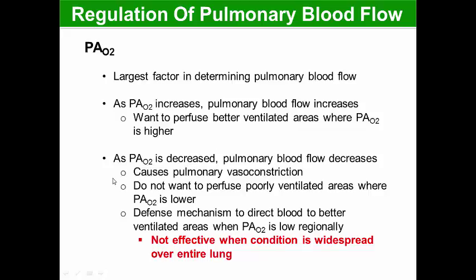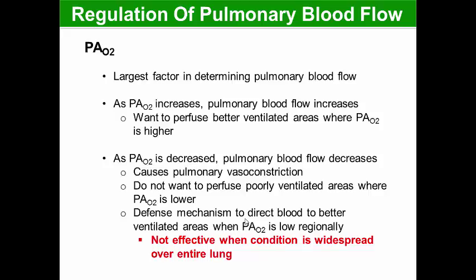On the other hand, as the partial pressure of oxygen in the alveolar air decreases, pulmonary blood flow decreases, because this regional hypoxia causes pulmonary vasoconstriction, as we do not want to perfuse poorly ventilated alveoli. So this is a defense mechanism in order to direct blood to the better ventilated alveoli.